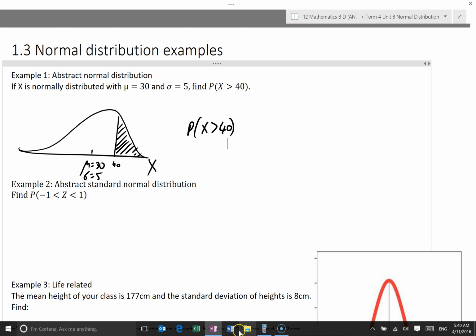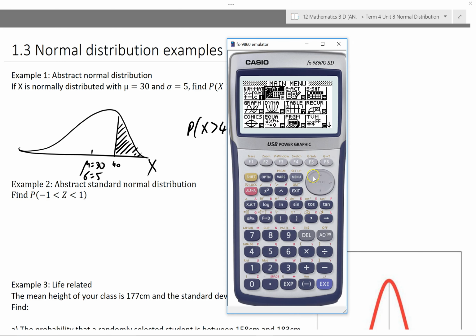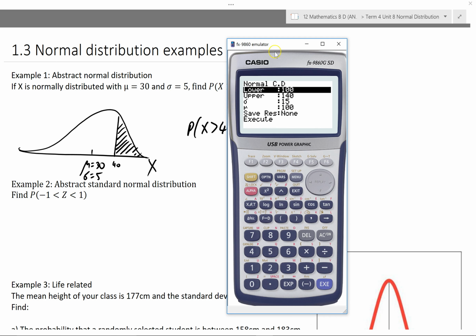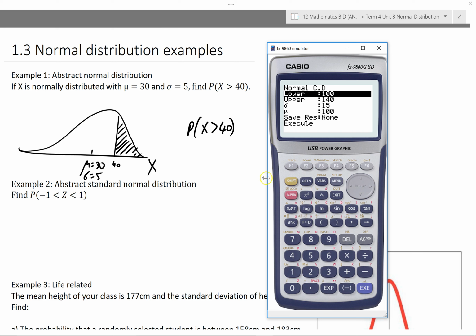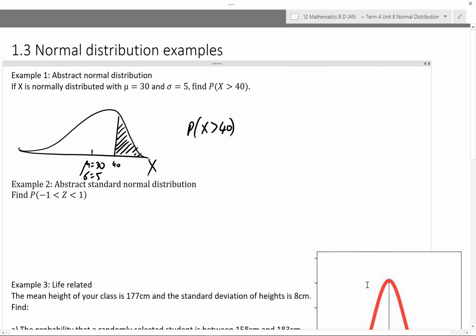So in stat mode, I've got a distribution, normal distribution, I want to find an area. So my lower value is 40. I don't have an upper value, so I'll just put in some big number. Standard deviation of 5, mean of 30. Good to go. 0.023.